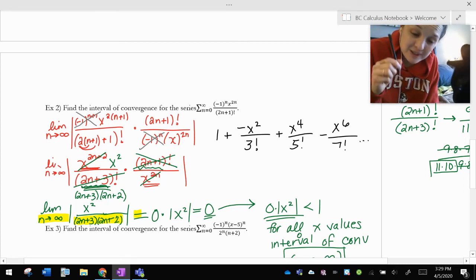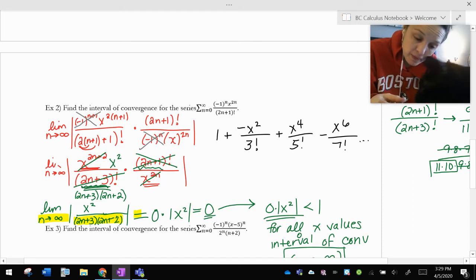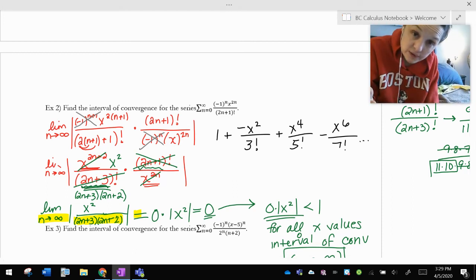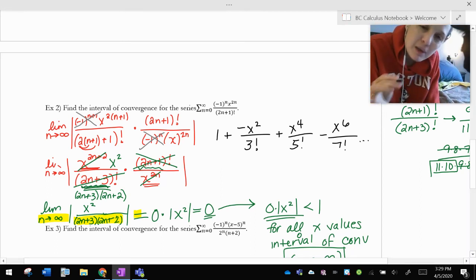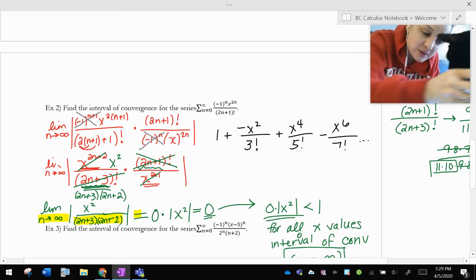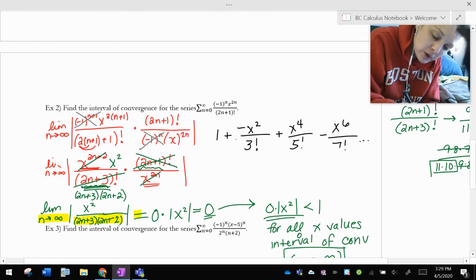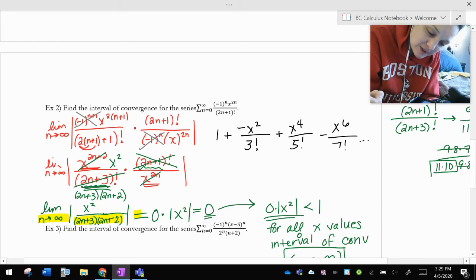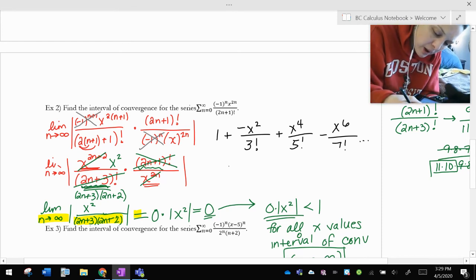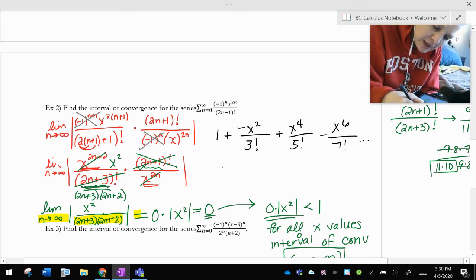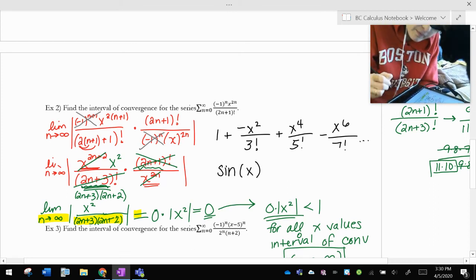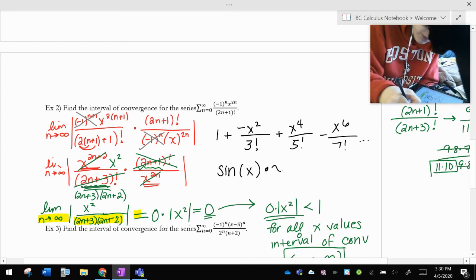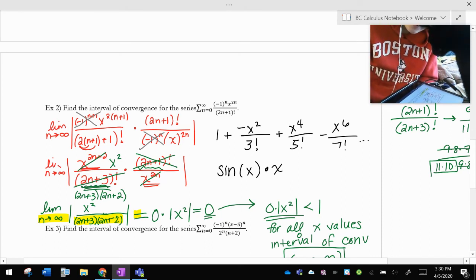Now, that looks kind of familiar. I have all evens, but they're divided by an odd factorial. And the way that I could probably get here is to say maybe this is a modification of the sine or cosine function. Could this possibly be like the sine function, but where everything is multiplied by x?